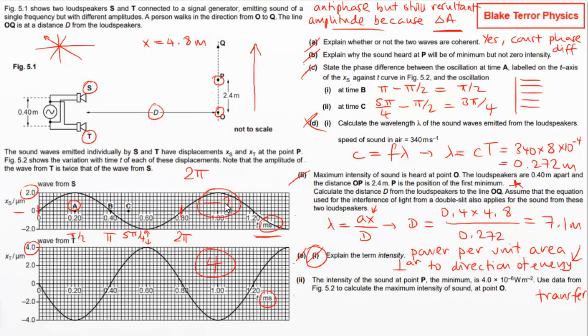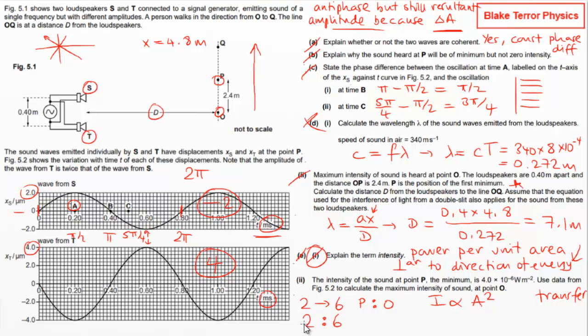So we've got a 4 and a minus 2, but if we're at O, they're now going to be in phase. So we're going to have a 4 plus a 2. So we're going from a 2 to a 6. That is going to be our ratio of the resultant amplitude at P to O. Now we know that the intensity is proportional to the amplitude squared.